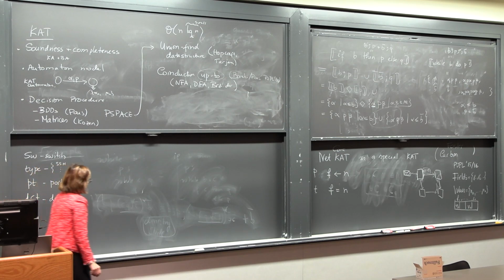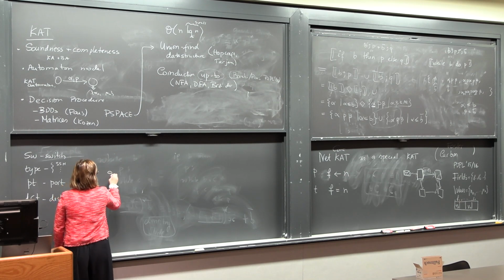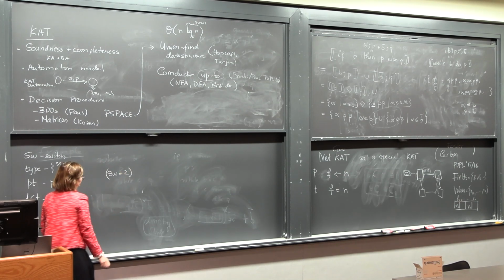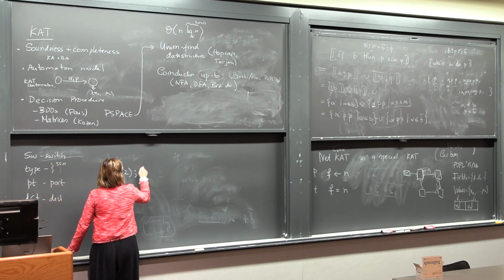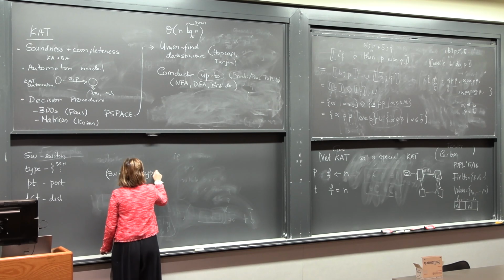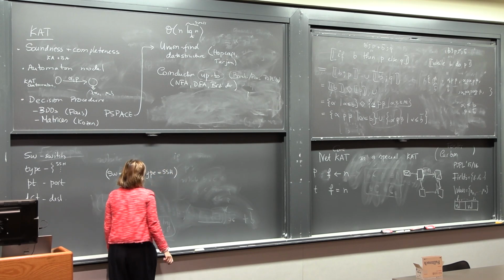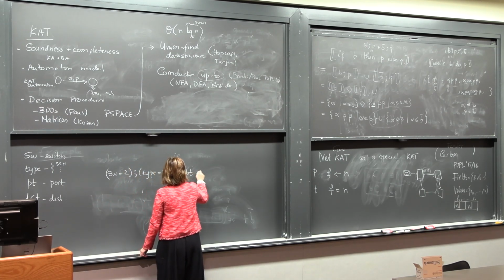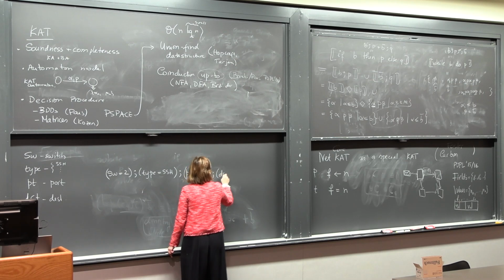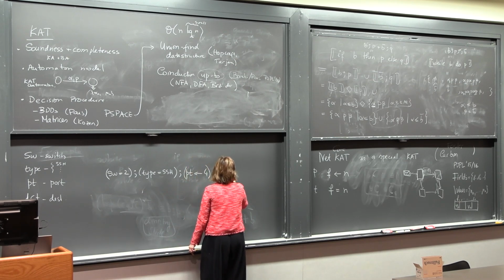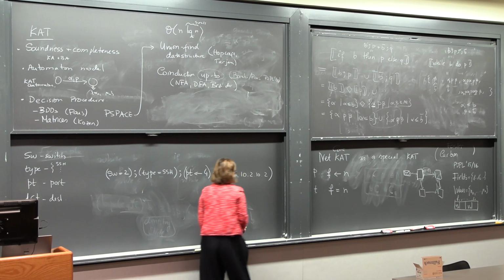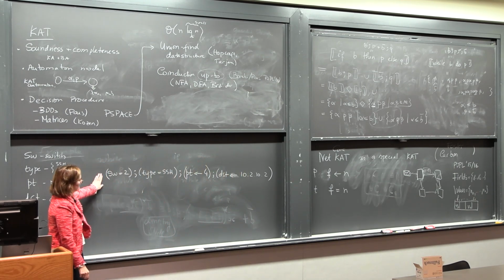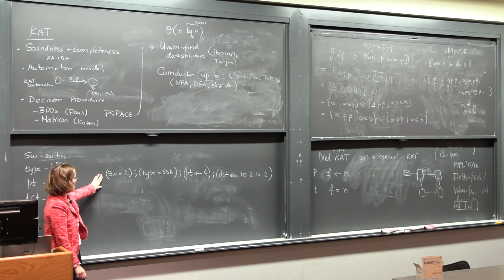Here's your very first NetKAT program. It says if I am in switch 2, and the type of the packet is SSH, then I'm going to send the packets out on port 4, and I'm going to set the destination to 10, some random thing.